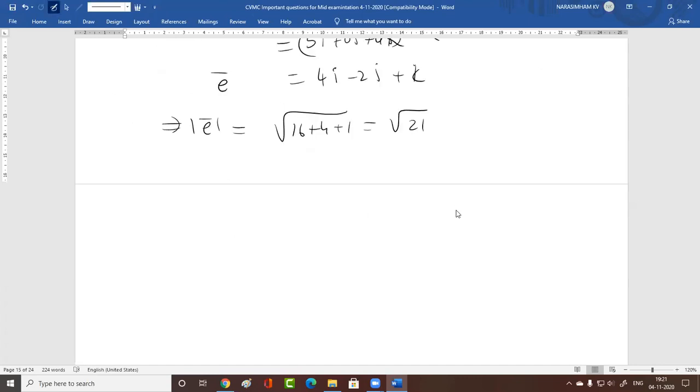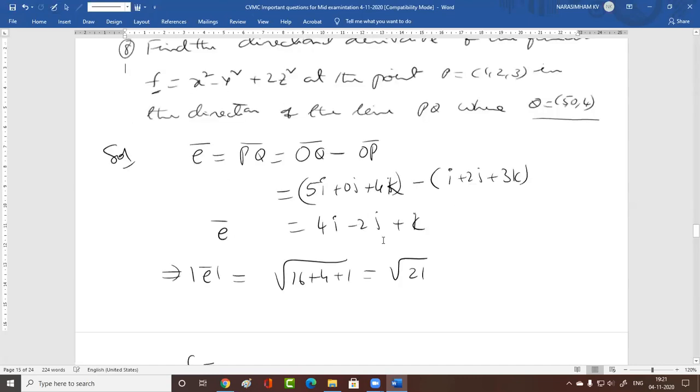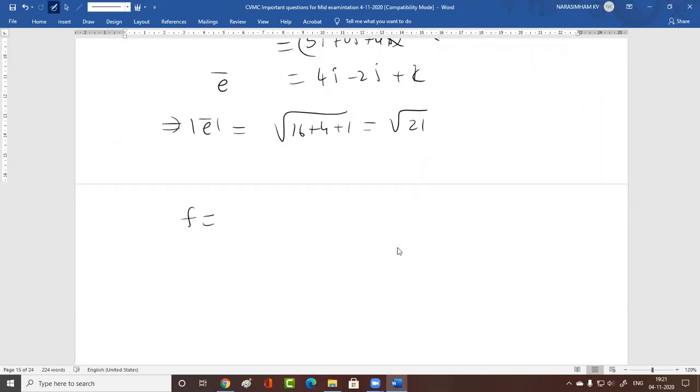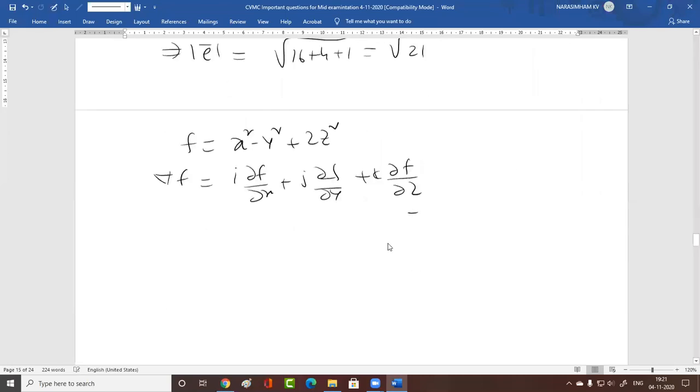Now we will find the gradient of F. F equals x square minus y square plus 2z square. Now we will find del F: i dou F by dou x plus j dou F by dou y plus k dou F by dou z. Now the partial derivatives: 2xi minus 2yj plus 4zk.